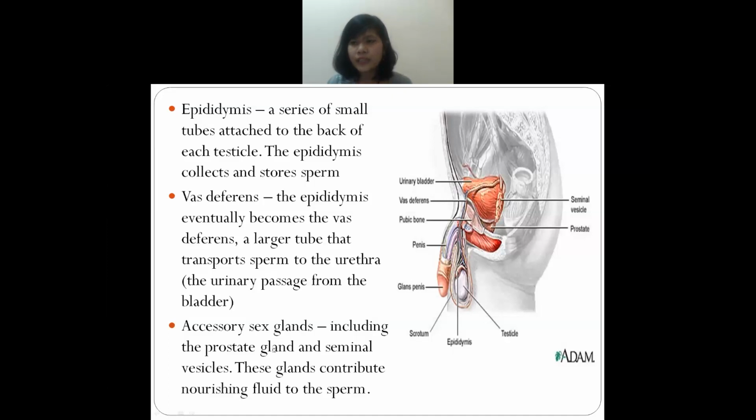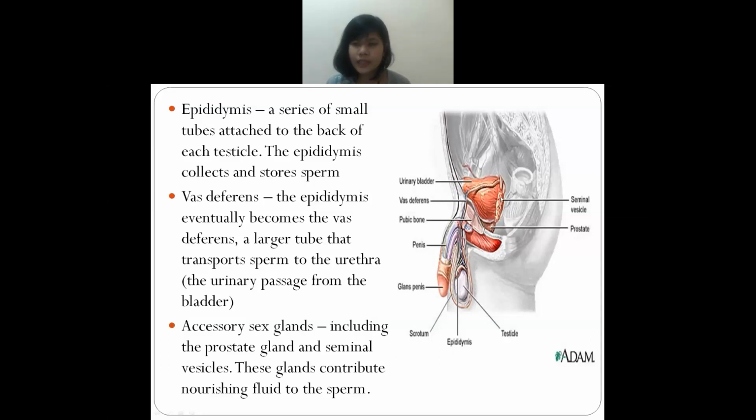And next is the accessory sex glands. What can you find here? They consist of the prostate gland, this one, and also the seminal vesicles.